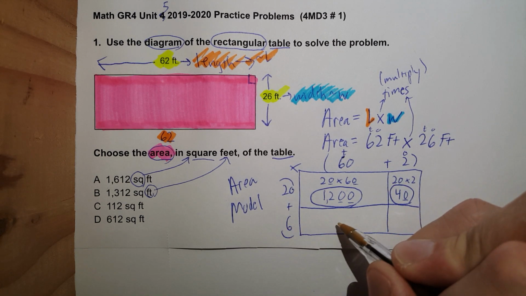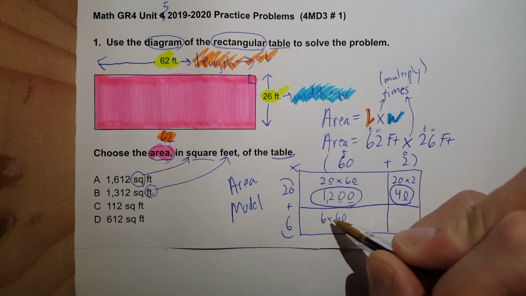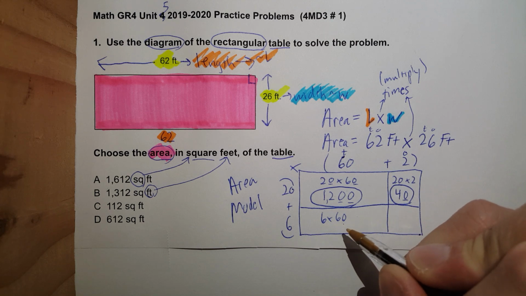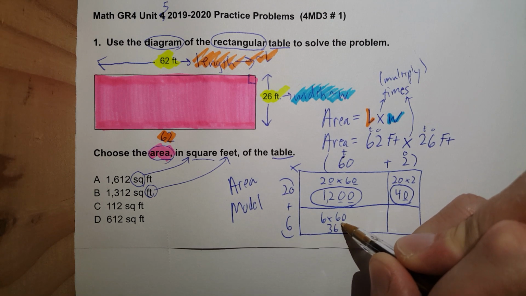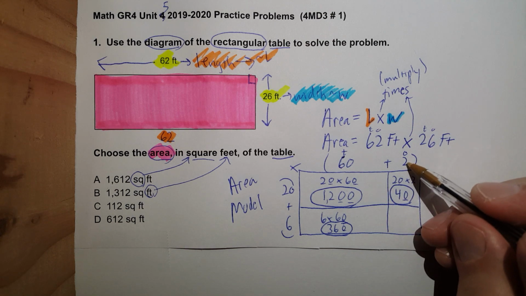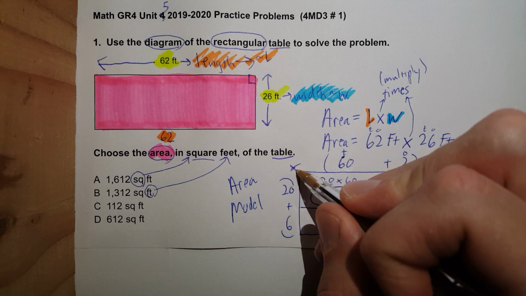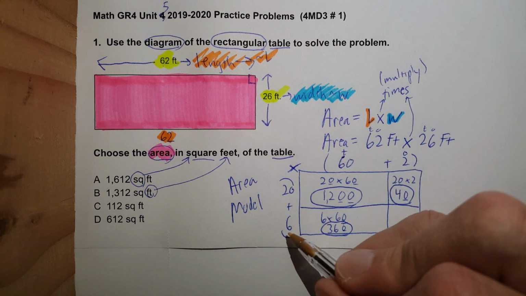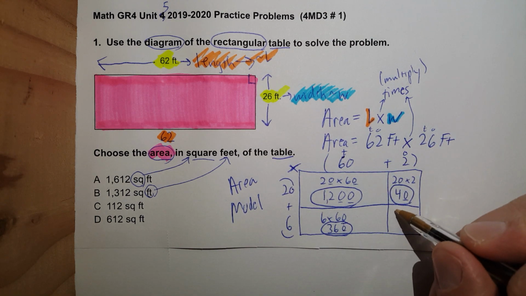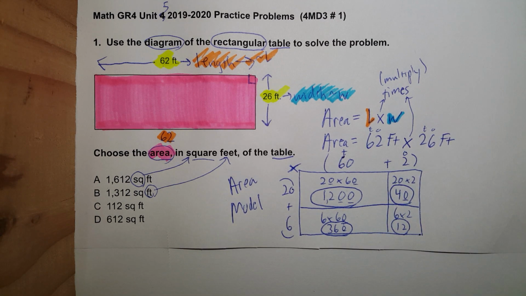Next box, 6 times 60. 6 times 6 is 36. Don't forget that 0. And the last box, or ones box, 2 times 6. That's why this multiplication sign is here. 6 times 2. 6 times 2 is 12.